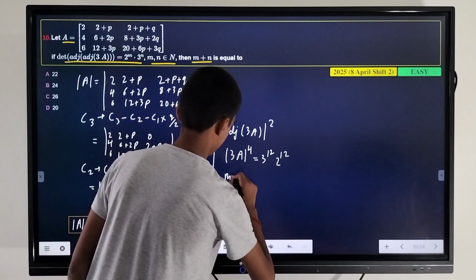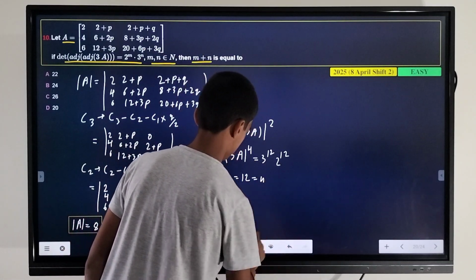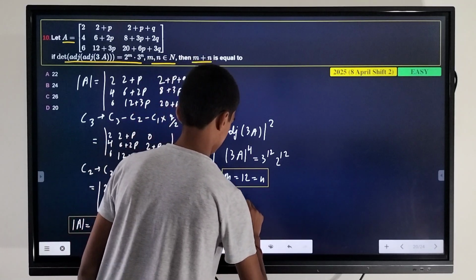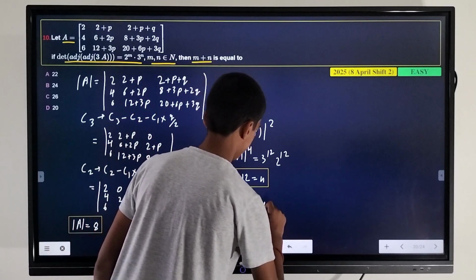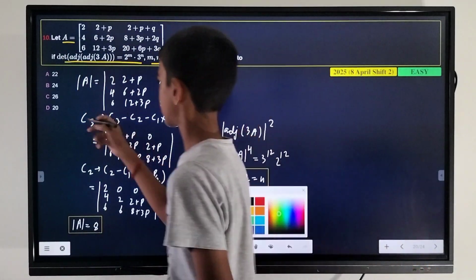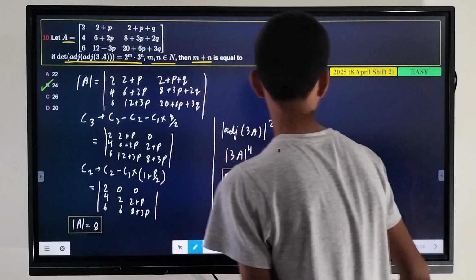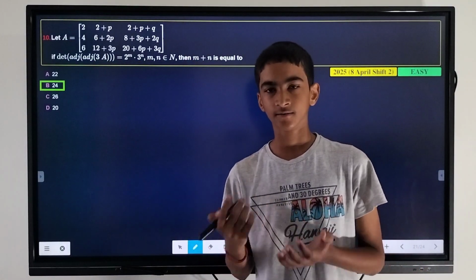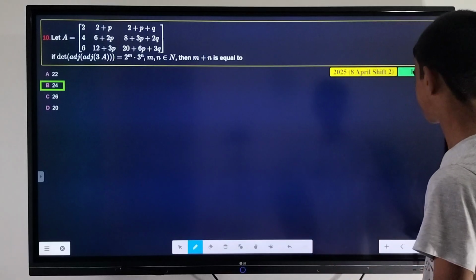From here n is equal to 12. Our m plus n is equal to 24. From here our option B is correct. And here is our solution and we can see that our answer is correct.